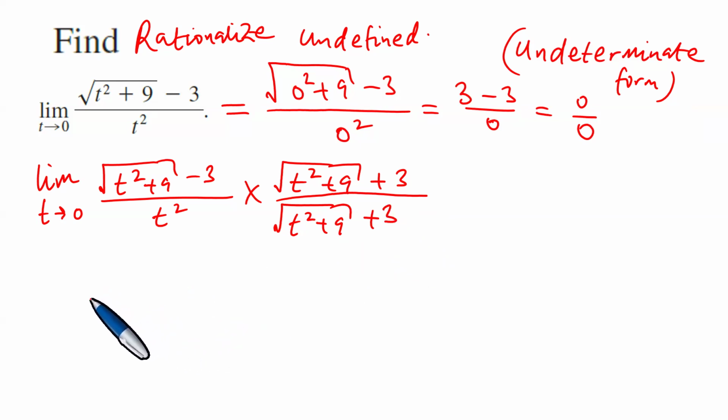This is exactly what we're getting, and therefore this becomes the limit as t approaches 0. So we multiply by what we call the conjugate.